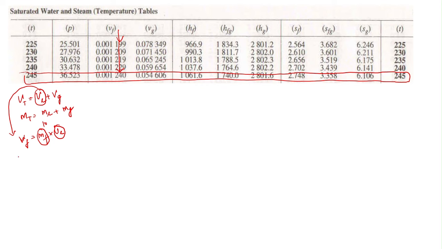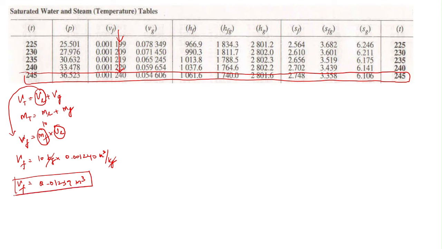So the volume of liquid is equal to 10 kg into 0.001240, and the unit is meter cube per kilogram. So kilogram gets cancelled. Finally, after substitution, we are getting the volume Vf equal to 0.01239 meter cube.